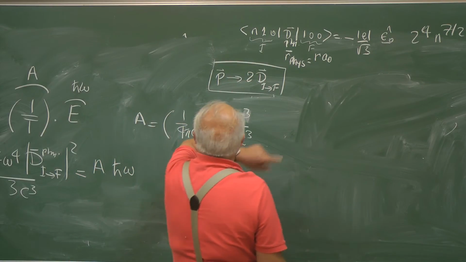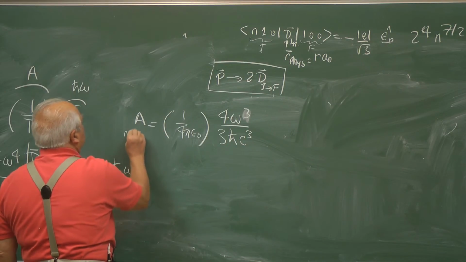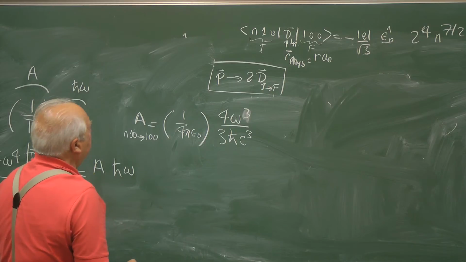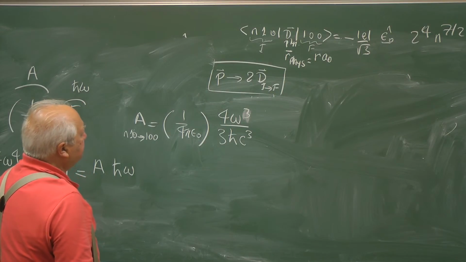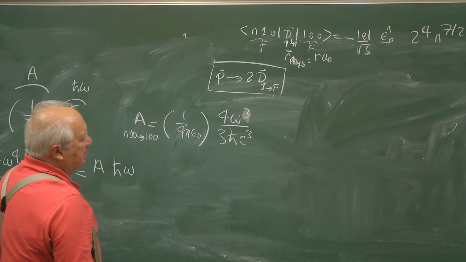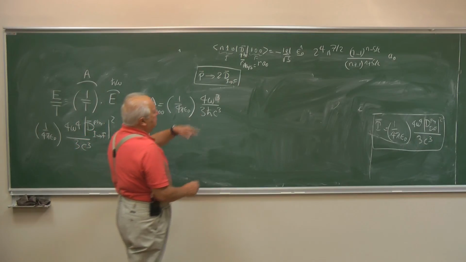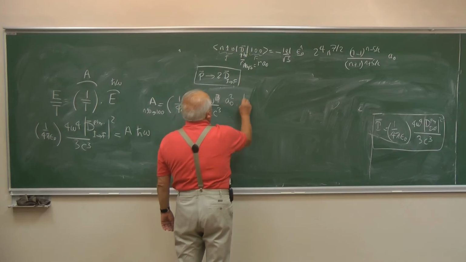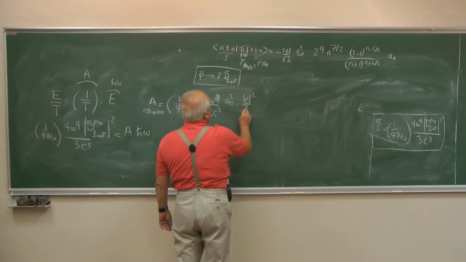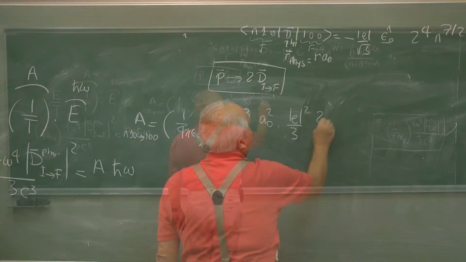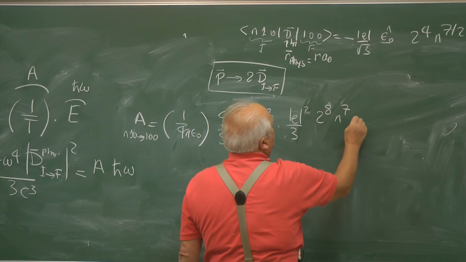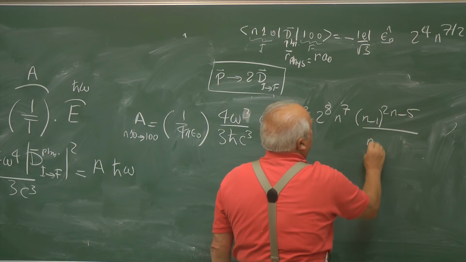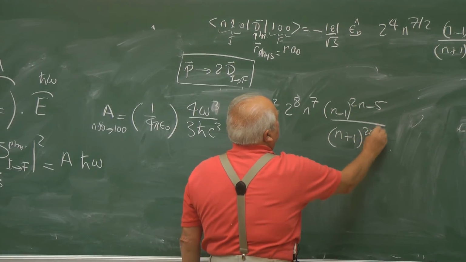And I'm taking this n 1 0, let's say, going to 1 0 0, times d square. Well, I have an a0 square times e square over 3, 2 to the 8 n to the 7, n minus 1, 2n minus 5 divided by n plus 1, 2n plus 5.